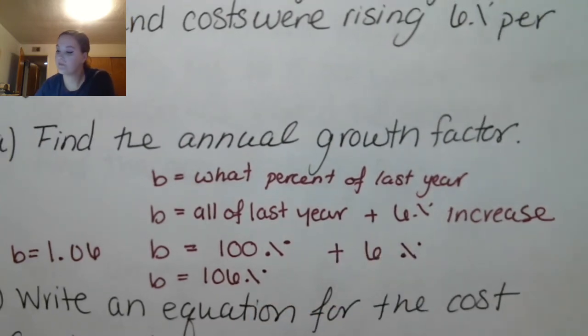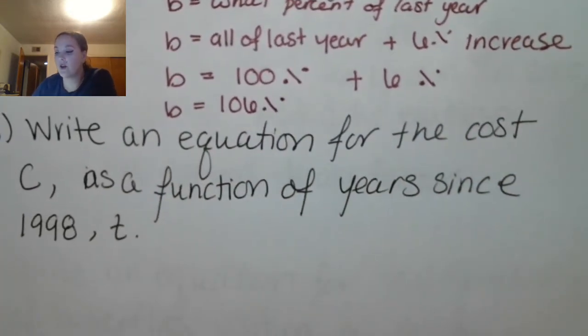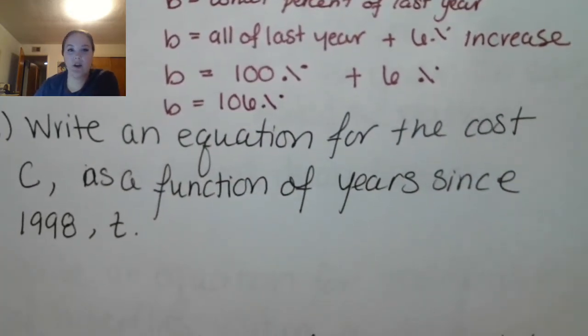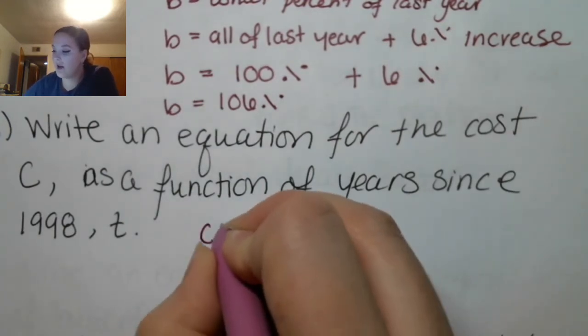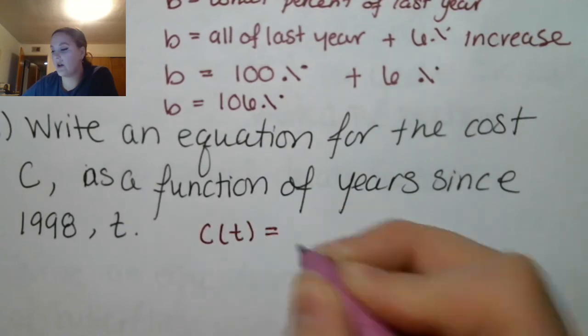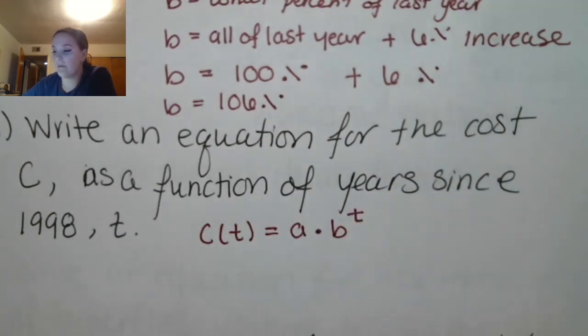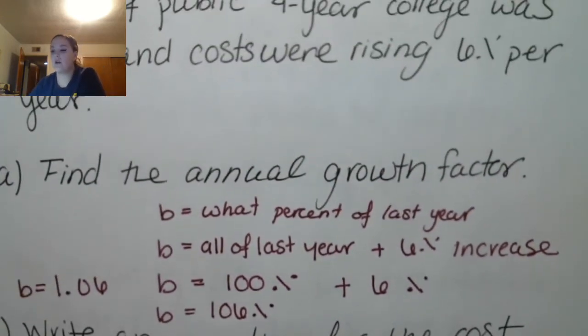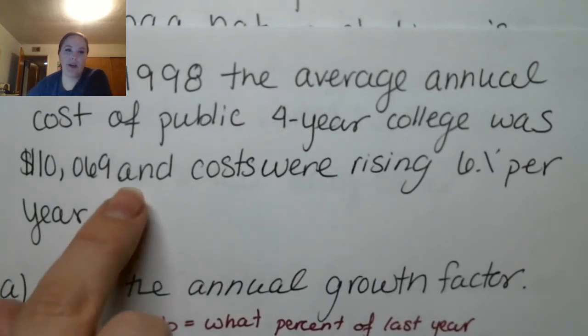Part B says write an equation for the cost C as a function of years since 1998, t. So we're going to have a function here, and it's going to have the general form A times b to the t. Now, A is the initial amount, so if we look back at the question, what's our initial amount in 1998?